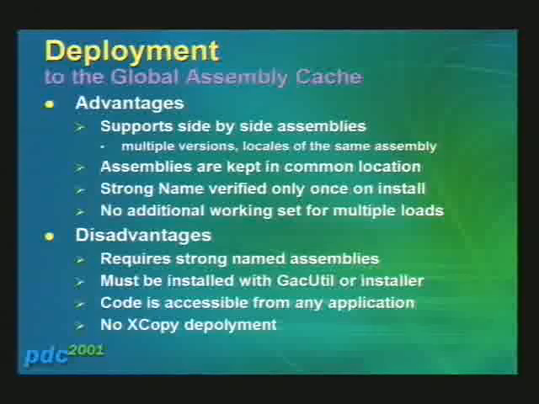I can have English ones and Spanish versions in the GAC at the same time, and I can bind to specific ones. When I want to deploy a fix or a patch to one of those, I can deploy version 11 right next to versions 1 through 10. And versions 1 through 11 are now in the global assembly cache. If there's a problem with version 11, I have a mechanism to tell my users how to go back to version 10 and use version 10 if they need to.